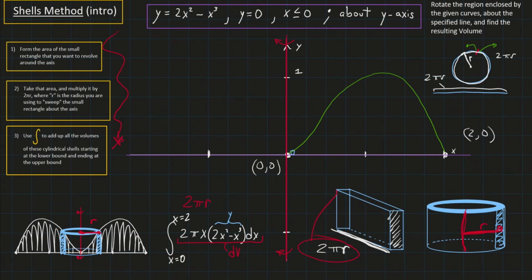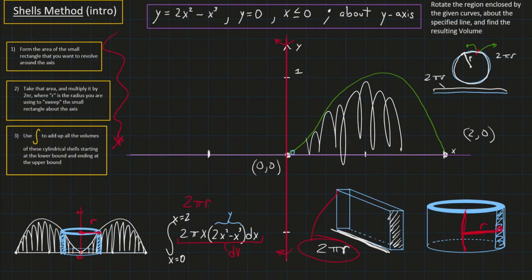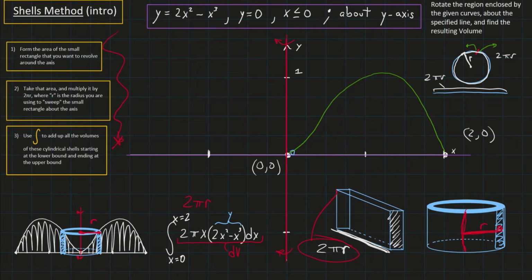Imagine that we wanted to do the same problem but with the disks approach. Take this area and rotate it about that y-axis. This would be a washer problem because I can't strictly visualize that 3D volume in the bottom left there as a bunch of pure disks. I can visualize them as washers though, which means I need to do the big volume minus small volume approach.